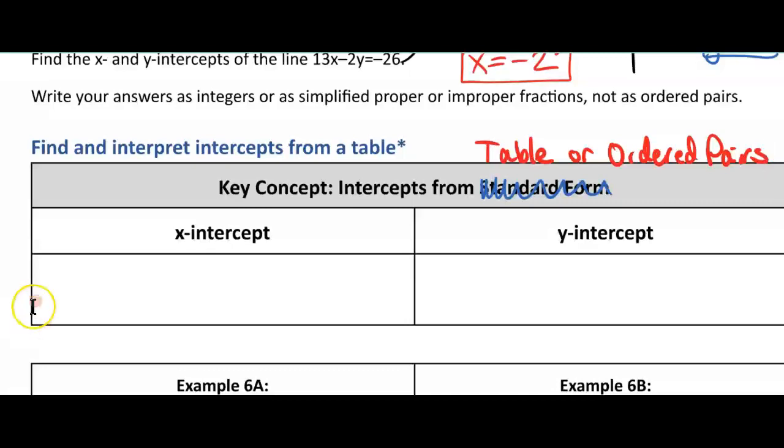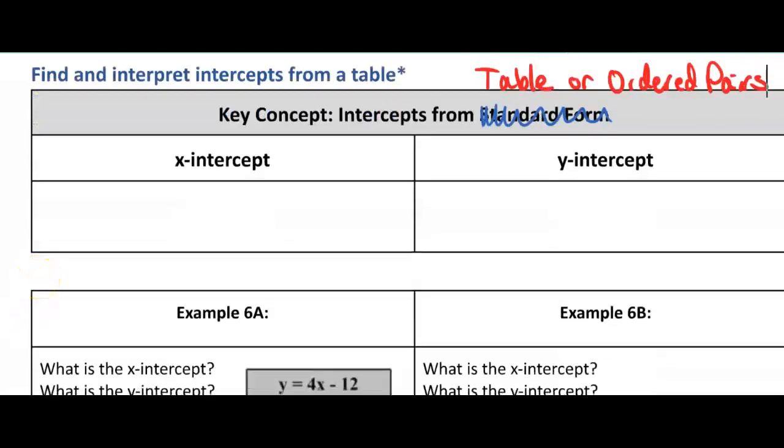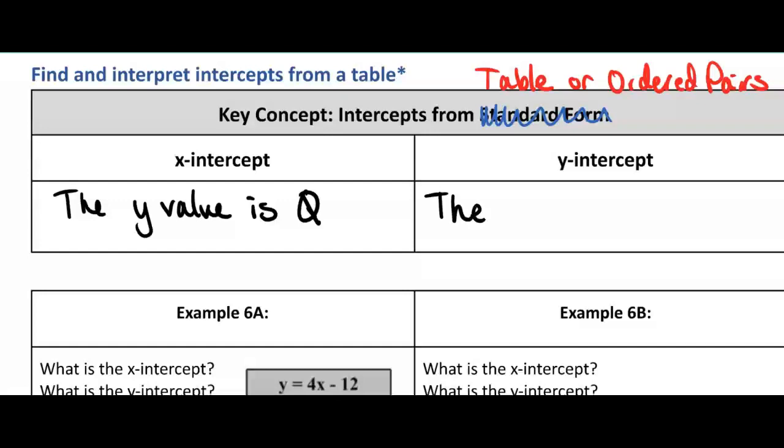All right, so where do we have x-intercepts? We have x-intercepts wherever the y value is 0. Where do we have y-intercepts? When the x value is 0.